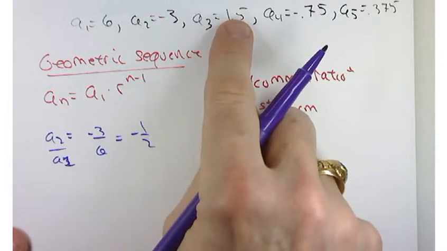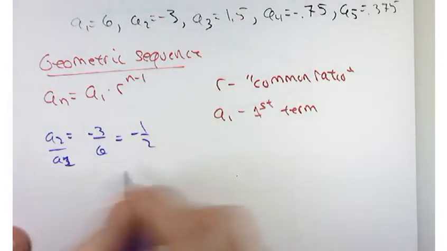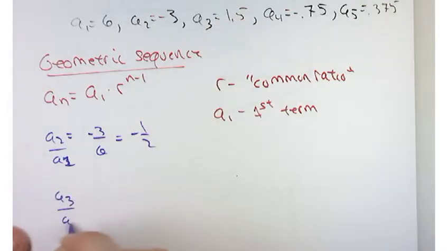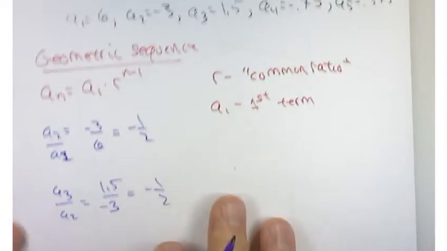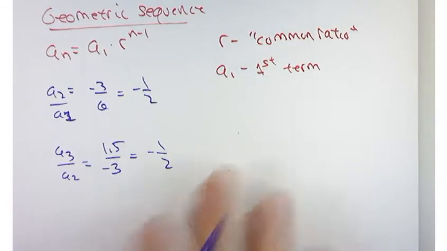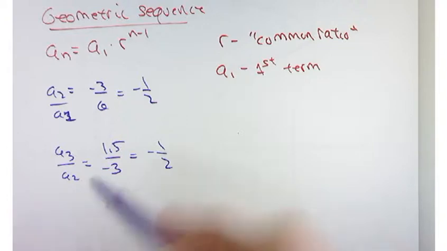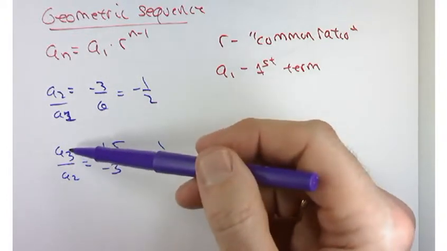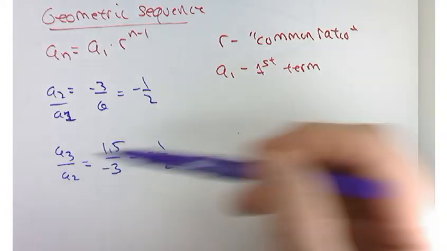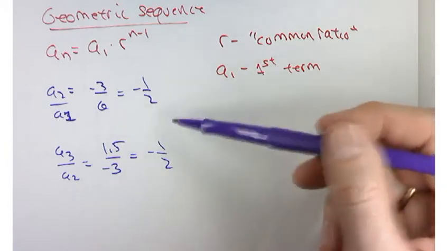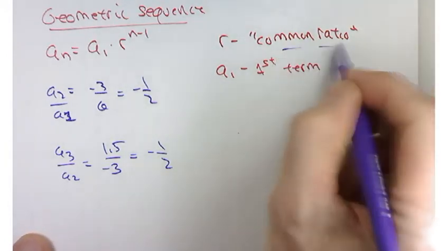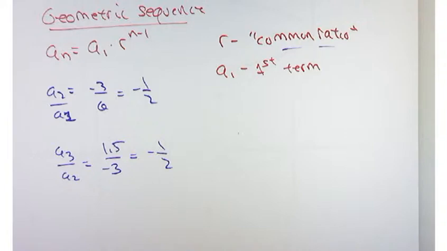If I go to the third and second terms, a sub 3 divided by a sub 2, that's going to be 1.5 divided by negative 3, and again, I get negative 1/2. Anywhere in this sequence, if I take adjacent terms, divide the former by the prior, I'm always going to get that same ratio. That's why they call this the common ratio, because it's the same for all these terms.